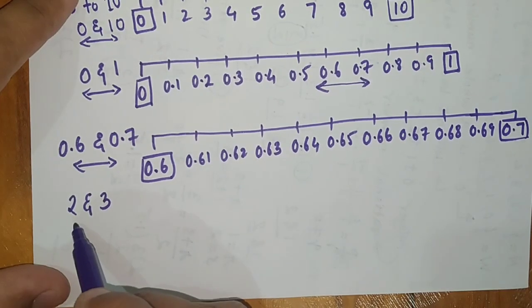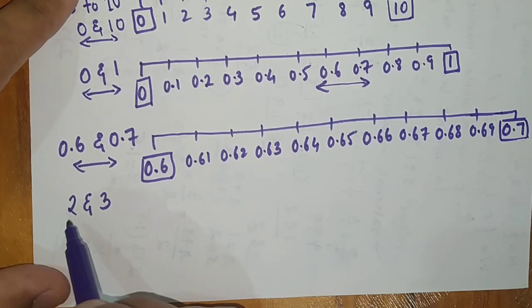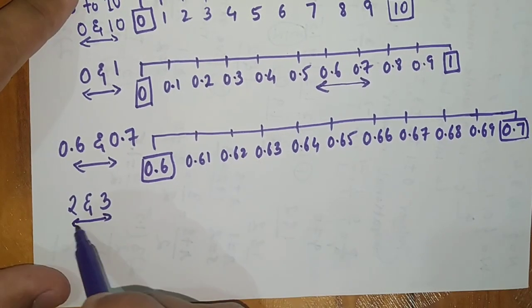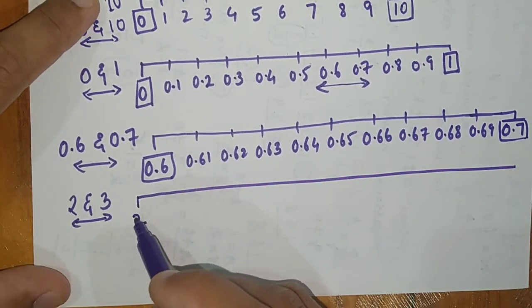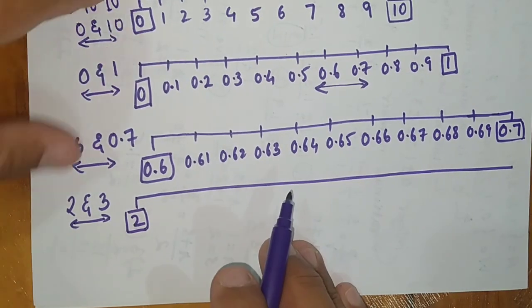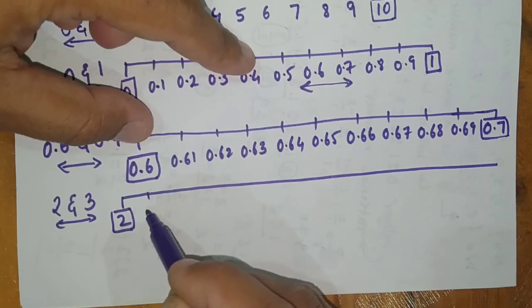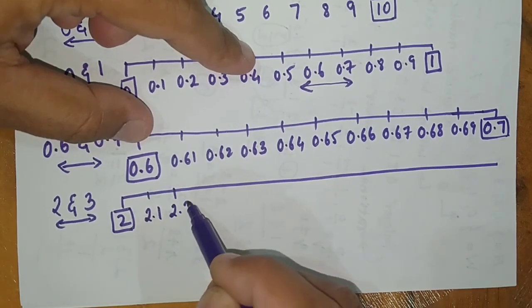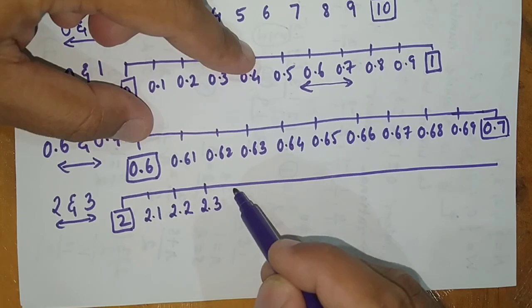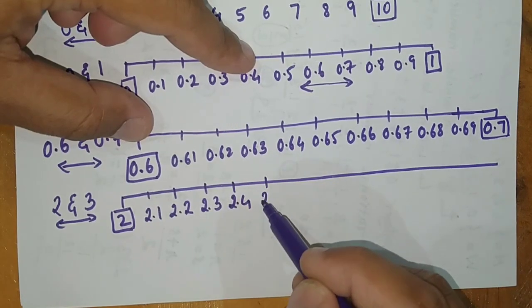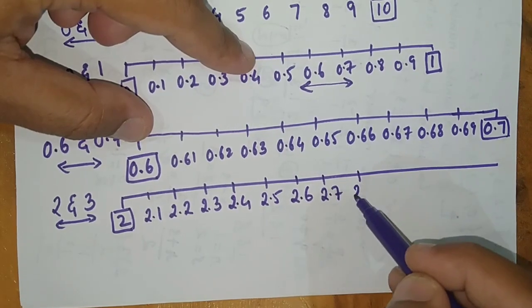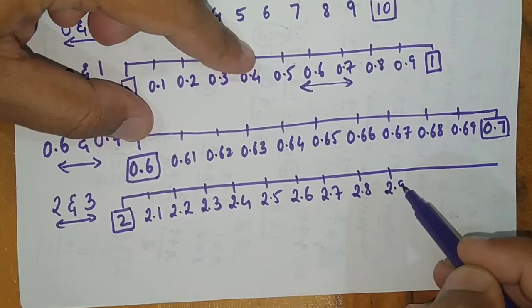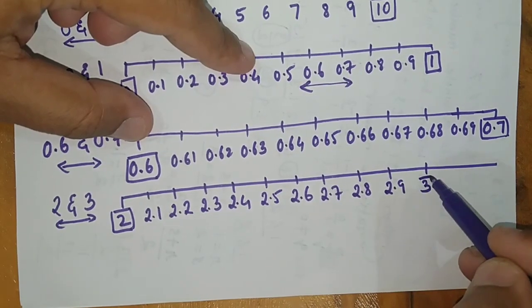You need to find numbers between 2 and 3: 2.1, 2.2, 2.3, 2.4, 2.5, 2.6, 2.7, 2.8, 2.9, and 3.